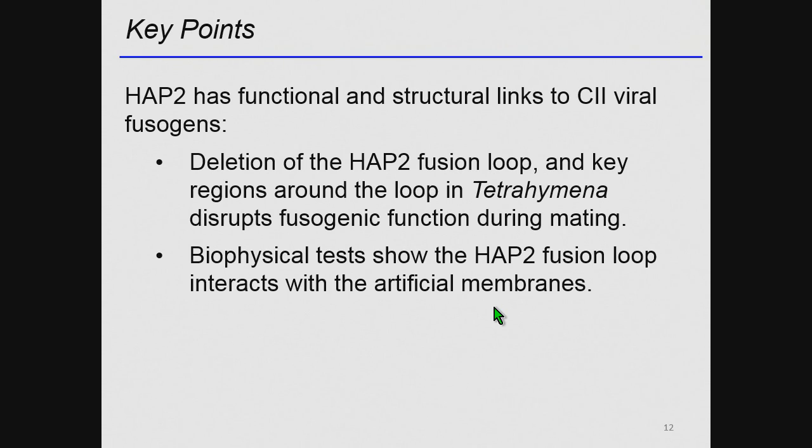And the question now is what is this potential link telling us about eukaryotic sex?